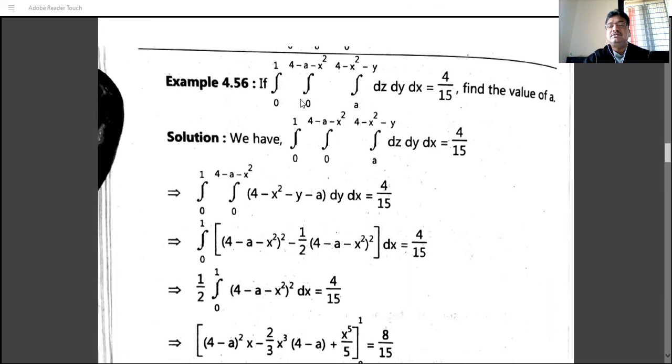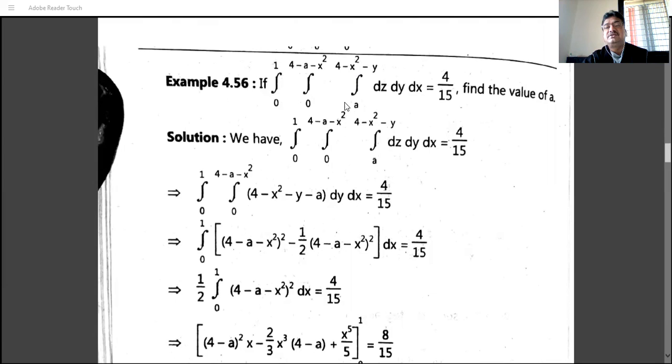So z runs from a to 4 minus x square minus y, and this limit is a function of x, and therefore this is the limit on y. But already this is the limit on z, meaning this is the limit on y. So y runs from 0 to 4 minus x square, and obviously this is now the limit on x. So this is the limit on z, this is the limit on y, and this is the limit on x.